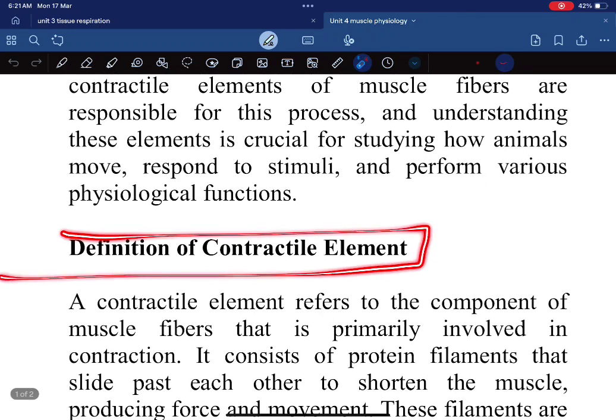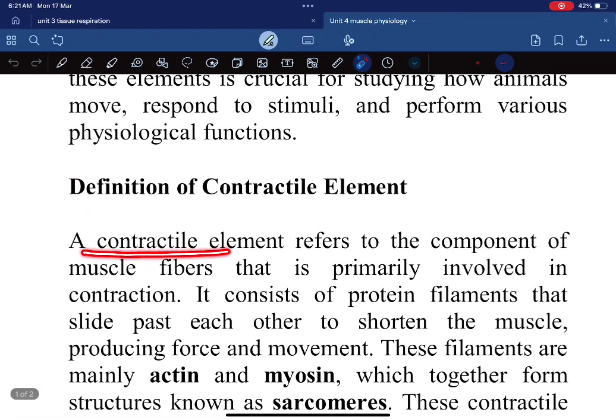Definition of contractile element. A contractile element refers to the component of muscle fiber that is primarily involved in contraction. It consists of protein filaments that slide past each other to shorten the muscle, producing force and movement.